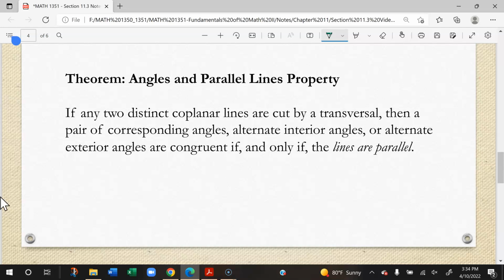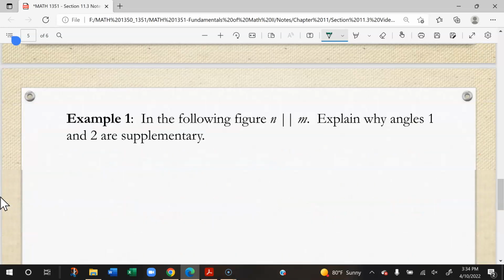So line N and line M must be parallel for angles 1 and 2 to be congruent. If they're not parallel, then these are not going to be congruent. And that's what this theorem is stating.